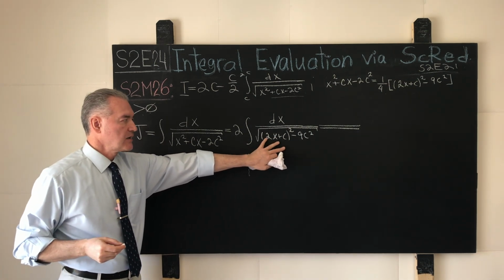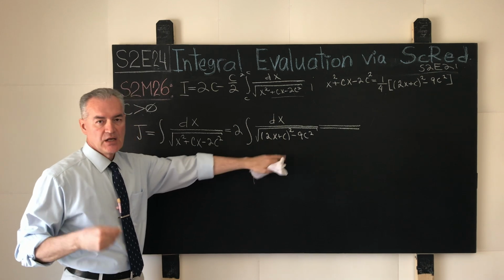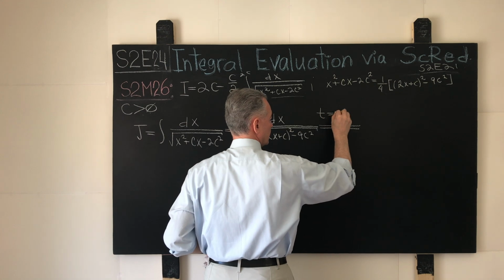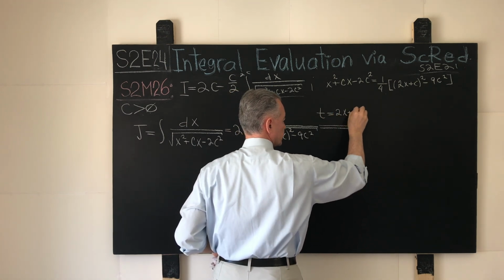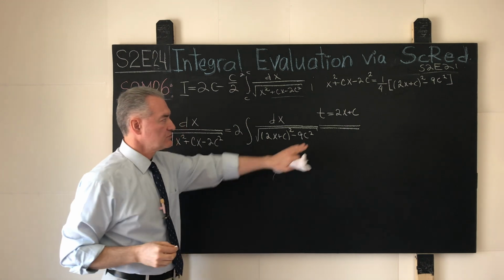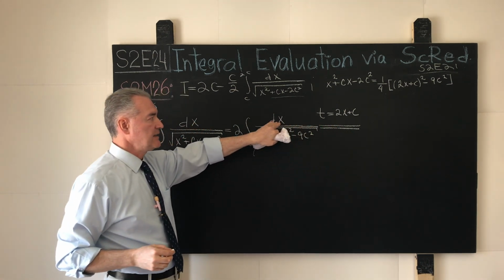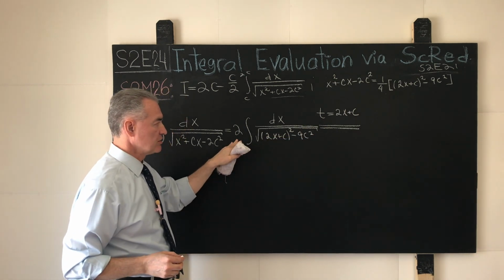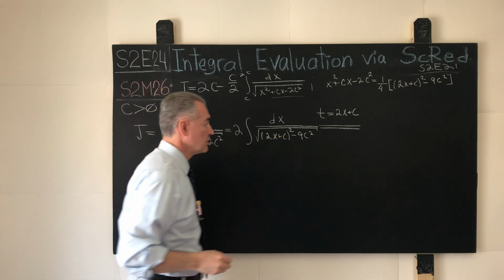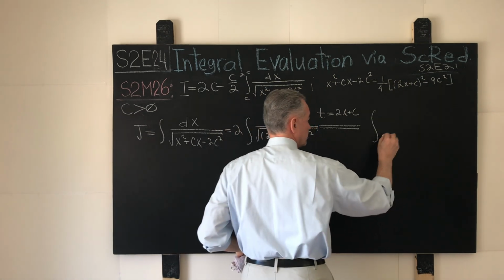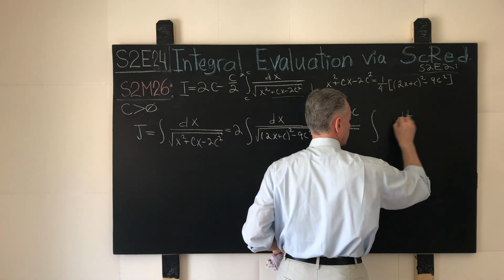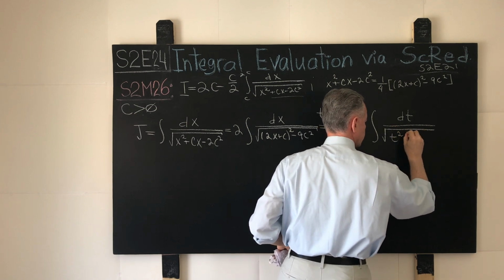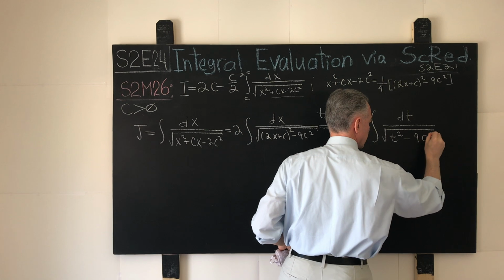We simply collapse 2x plus c into a new variable. We'll call it, let's say, t equals 2x plus c. It is trivial to see that dx will be dt over 2. The 2 in the denominator and the 2 in the numerator cancel each other out. And what do we have in the end? The integral of dt over the square root of t squared minus 9c squared.